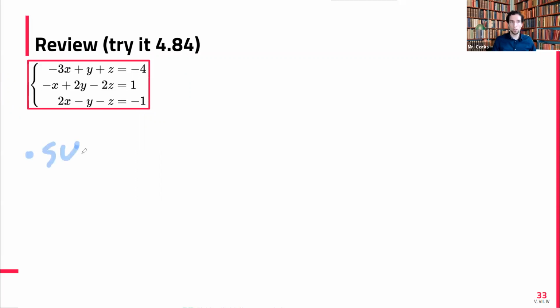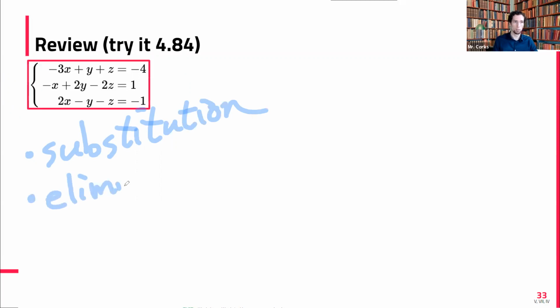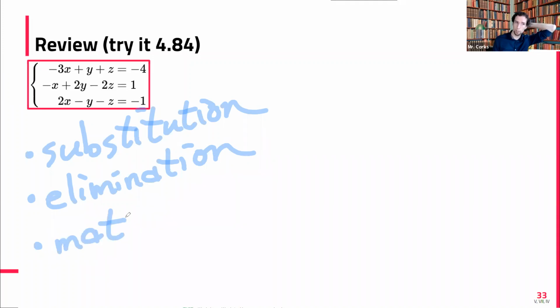We could do our regular substitution we talked about before, and we could also do our regular elimination. But if it's a larger system, matrix elimination, or Gauss-Jordan elimination, can be faster for us.